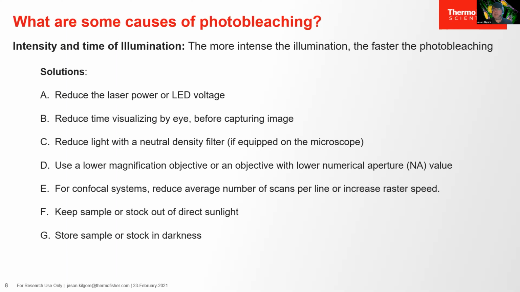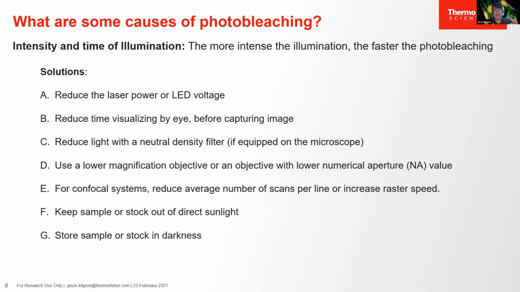The magnification that you use matters. So the higher the objective, the higher the numerical aperture you're using, the more efficient light exposure you're getting on your sample, and therefore the more photobleaching that you're getting of your dye. So if your assay allows for it, sometimes you can go to a lower magnification to capture your image.